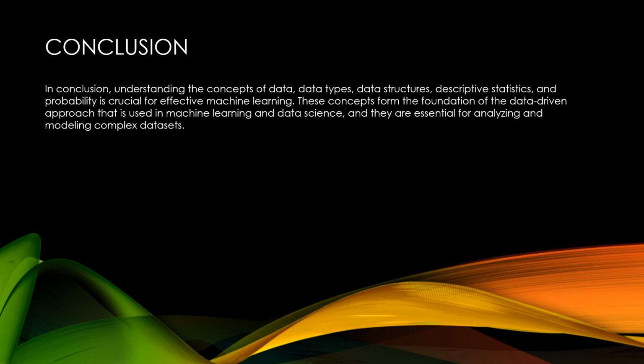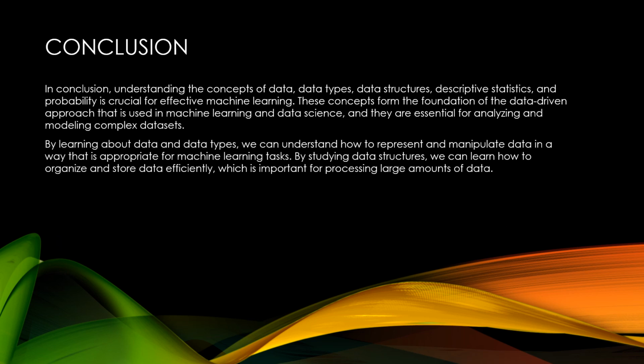So in conclusion, understanding the concepts of data, data types, data structures, descriptive statistics, and probability is crucial for effective machine learning. These concepts form the foundation of the data-driven approach that is used in machine learning and data science, and they are essential for analyzing and modeling complex data sets.